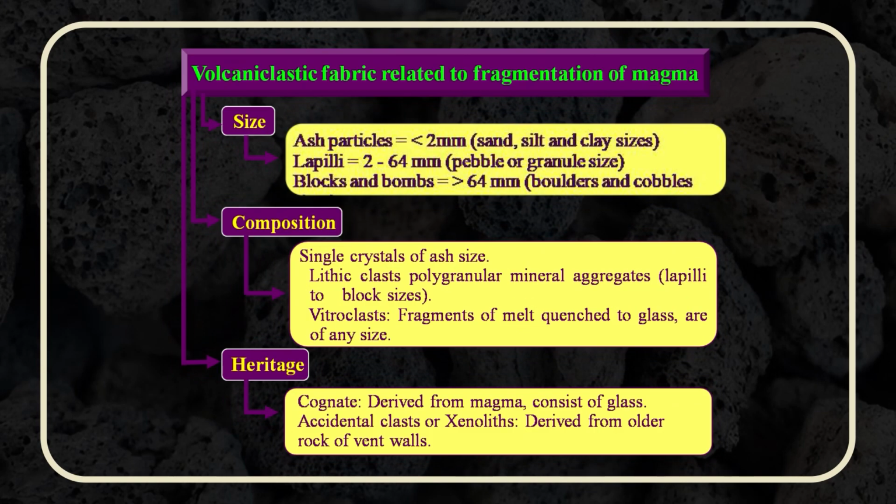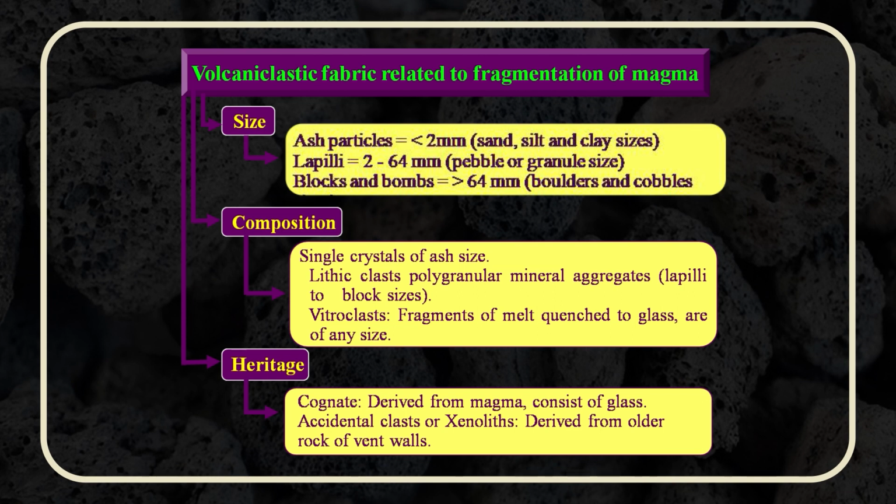Volcaniclastic fabric related to fragmentation of the magma can be classified on the basis of size: ash size particles, then lapilli and bombs. Lapilli are smaller particles ranging in size from 2 to 64 millimeters, whereas blocks and bombs are much bigger particles, greater than 64 millimeters.